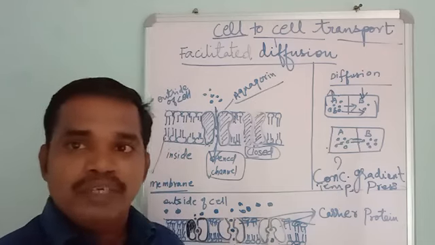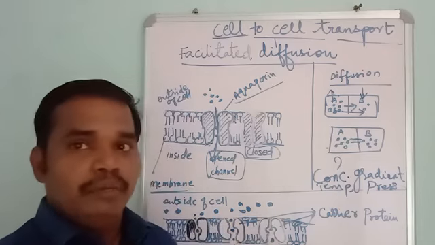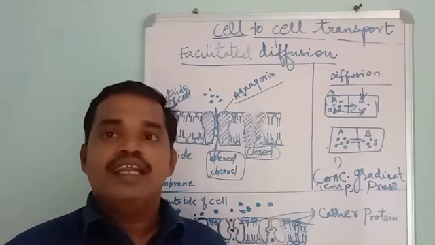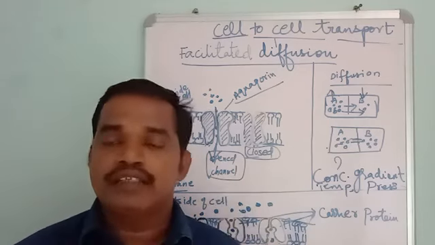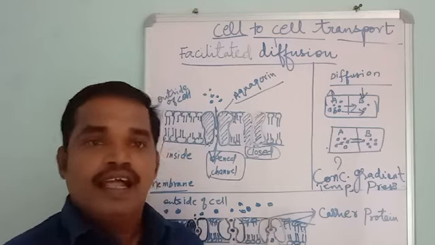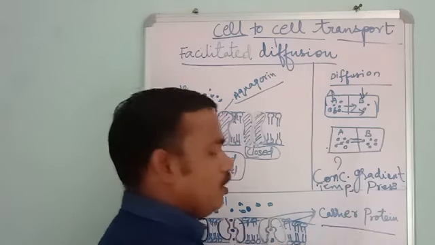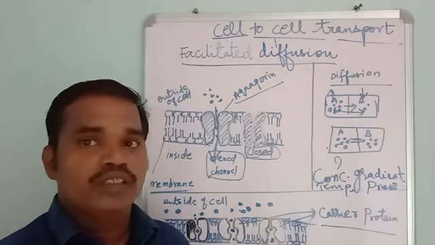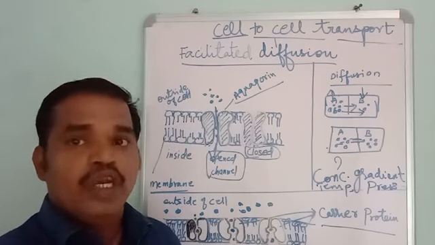The facilitated proteins may be aquaporin or porin channels. These porins and aquaporins come under channel proteins and carrier proteins. Facilitated proteins help the larger molecules to be transported easily across the cell membrane.